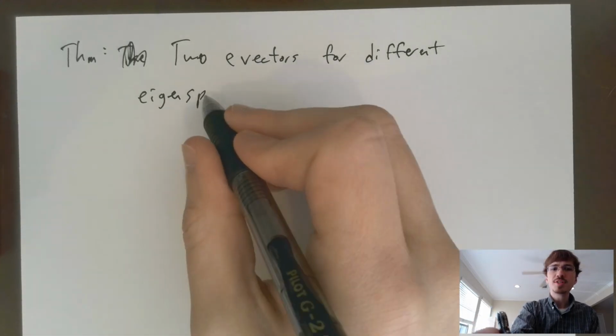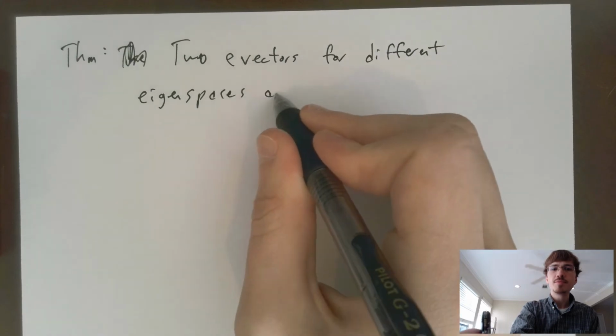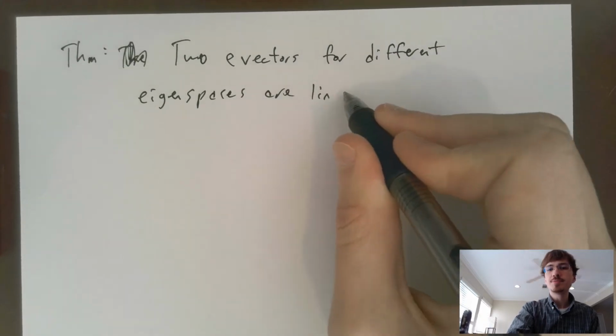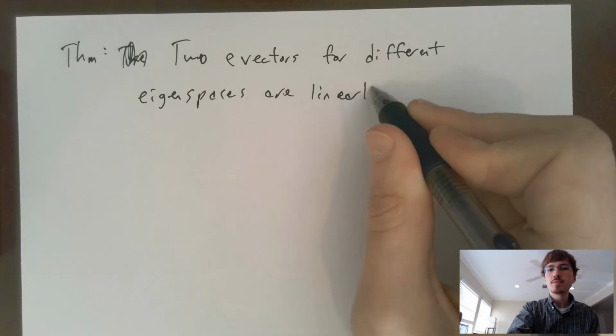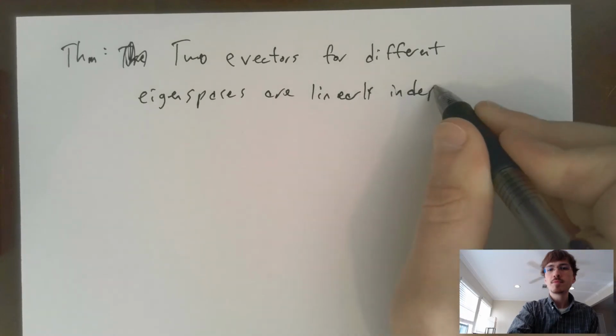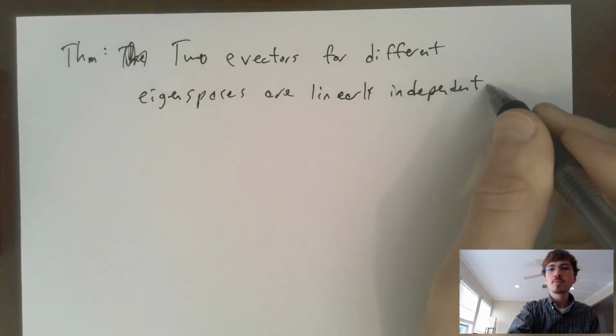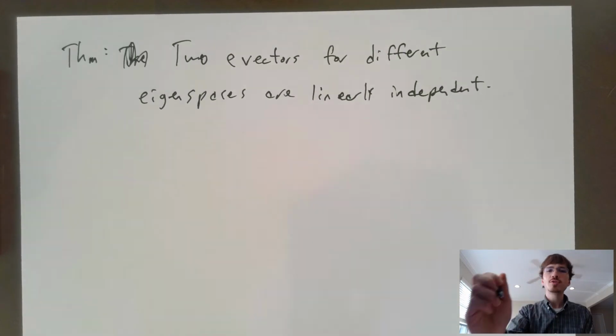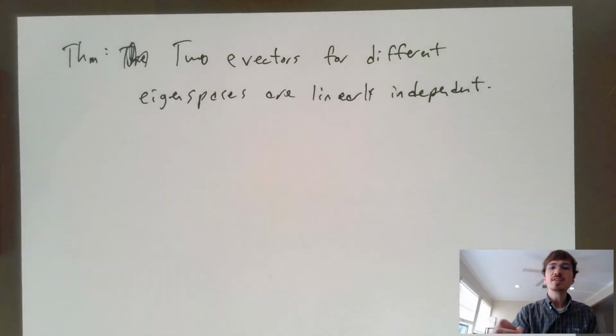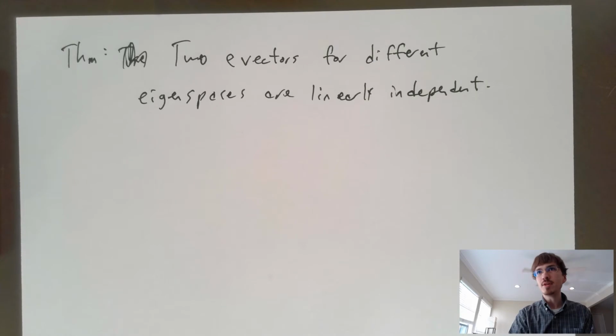Two eigenvectors from distinct eigenspaces are linearly independent.